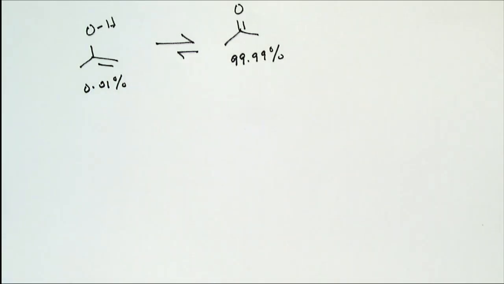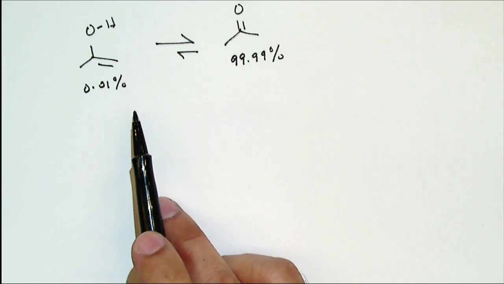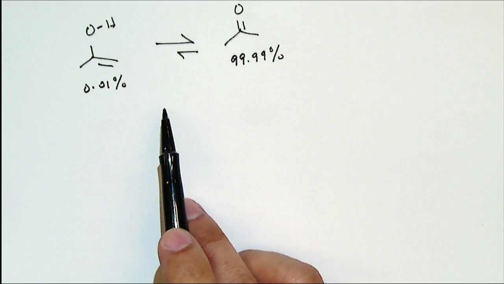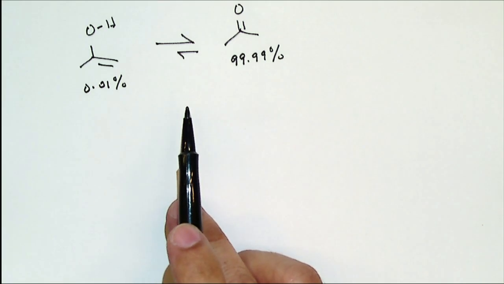Now, clearly, we actually want the enolate form to be important because that's the one that can act as a nucleophile and end up attacking. Now, we can actually shift the side of equilibrium that is favored in a system like this by, of course, using either an acid catalyst or a base catalyst.